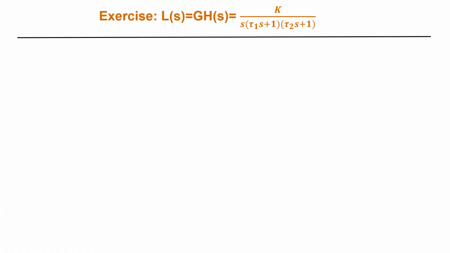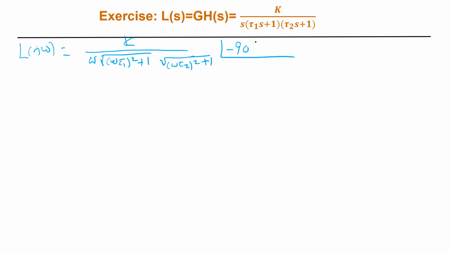Remember the phase: L of j omega equals K over the magnitude omega root of omega tau 1 square plus 1, root of omega tau 2 square plus 1, angle of minus 90 minus tan inverse of omega tau 1 minus tan inverse omega tau 2.